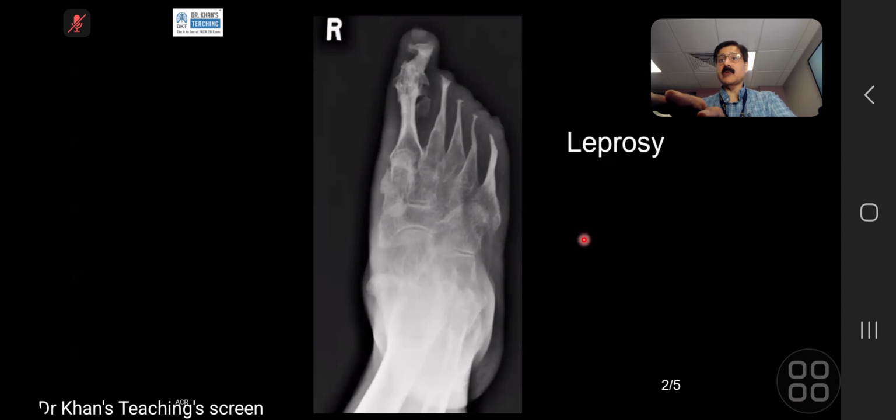They will actually have increased bone density. Now, in leprosy, the cortices, particularly of these metatarsals, appear thin, sclerotic and elongated, giving you the appearance of a licked candy.